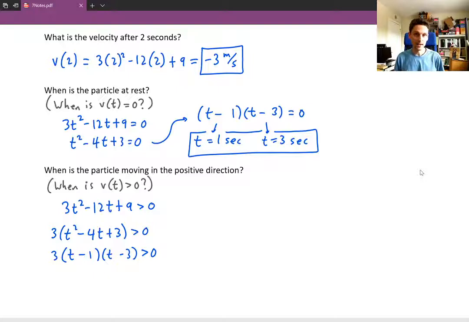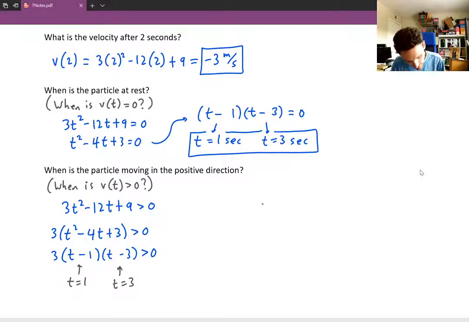Because at those t values, velocity will be 0, and 0 is right on the boundary between positive and negative numbers. So when t equals 1, velocity is 0, and so velocity might be changing from negative to positive, or possibly positive to negative. So those are going to be the key t values that we're going to look at.